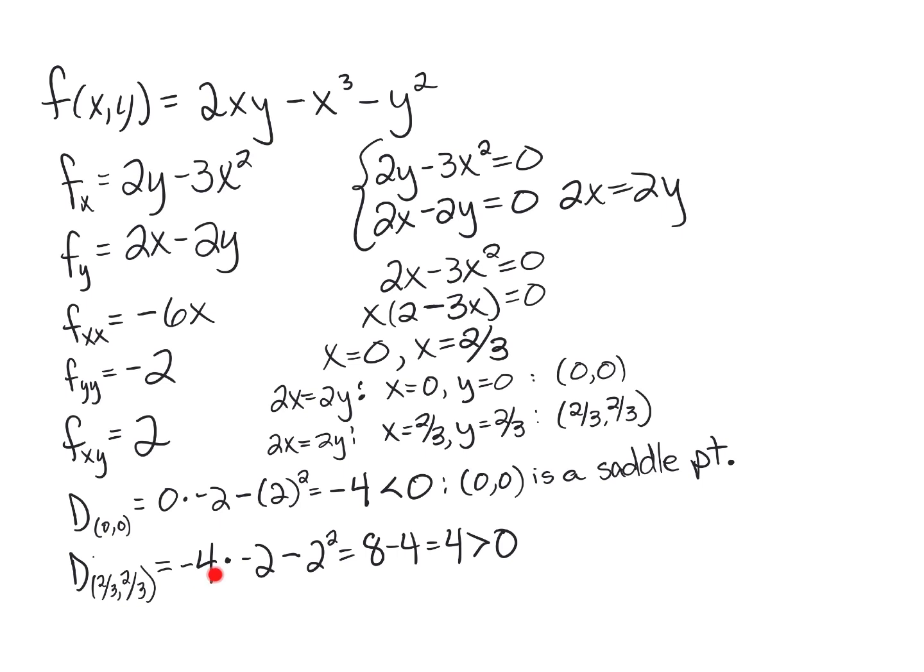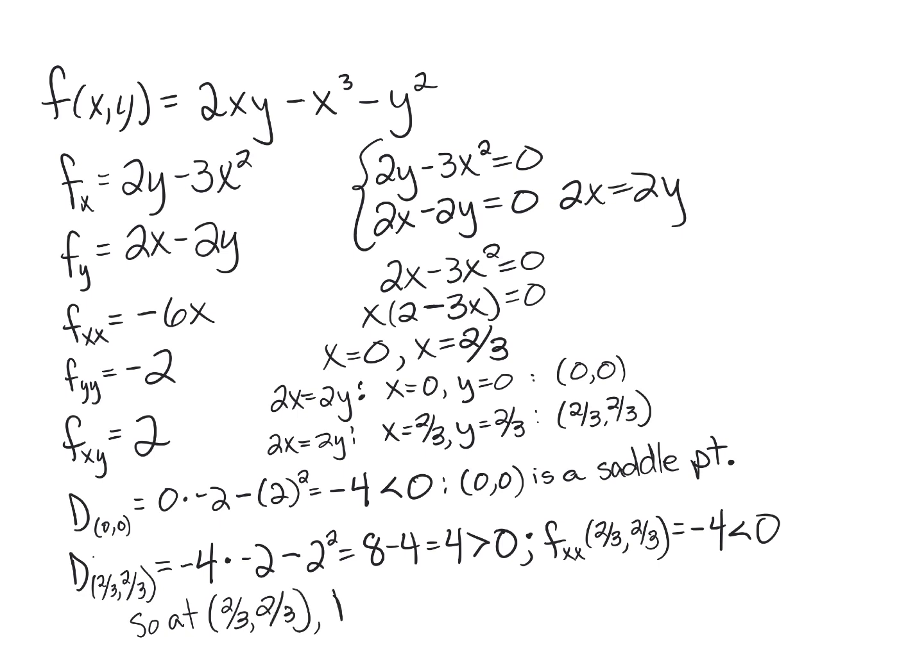And the second partial with respect to x is negative. So if D is positive and fxx is negative, that makes this concave down and makes it a maximum.